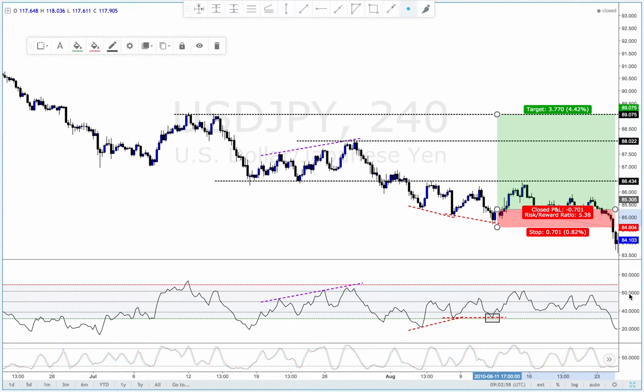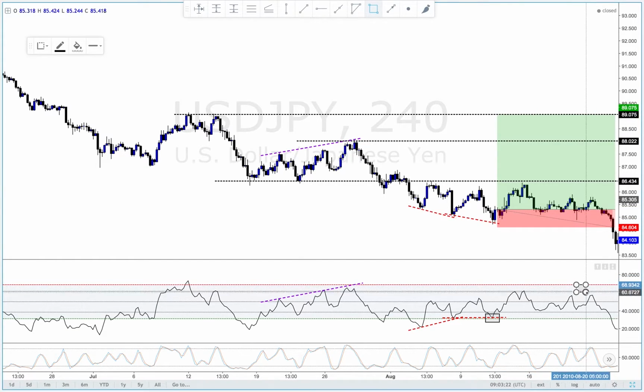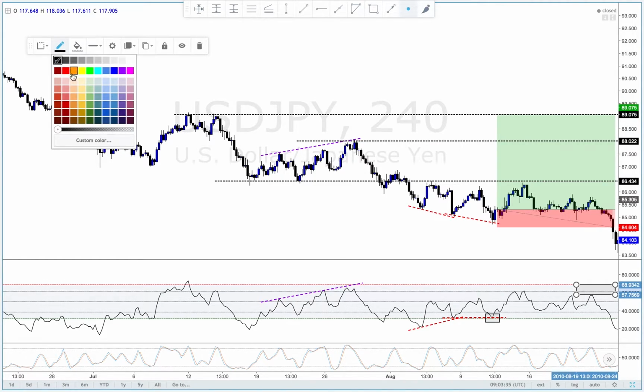All right, let's go on and proceed with the chart. So new low on the RSI, new low on price. What I'm looking for is hidden divergence, which would mean I want to see the RSI come above the most recent high.